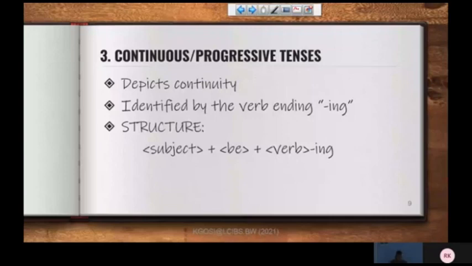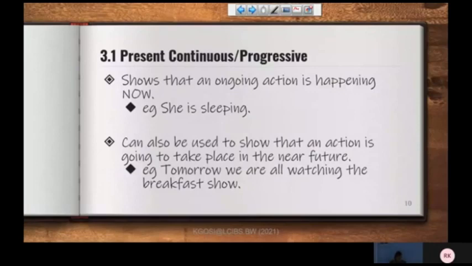If it's in the form of the present, am, is, etc., we say it's present continuous tense. If it's in the form of the past, like was or were, we say it's past continuous tense. And then, of course, if it's in the future, where we will see it with will be, that is the future continuous.